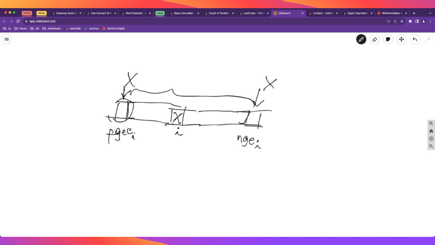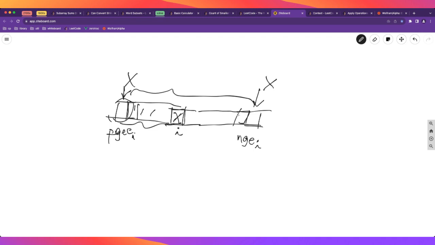And how many are there? Well, as the leftmost element, we can have all the elements in here. We can have this one or this one or this one up to x inclusive. And for the rightmost, it's the same.